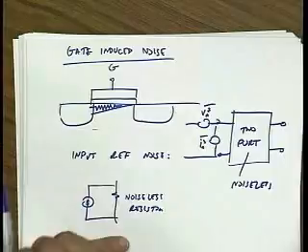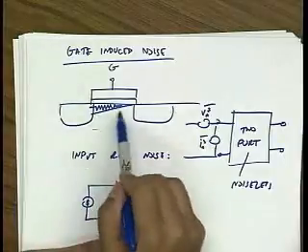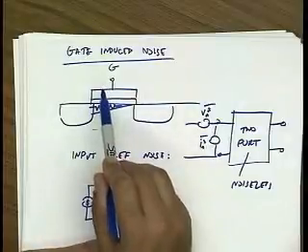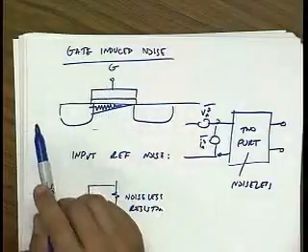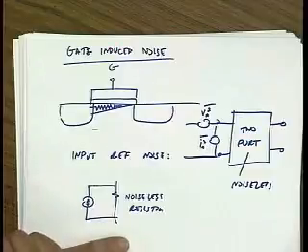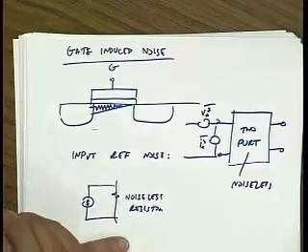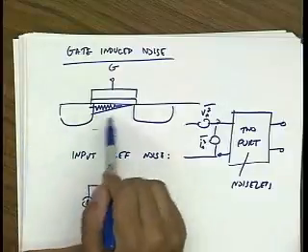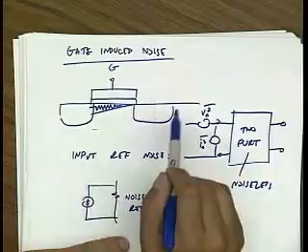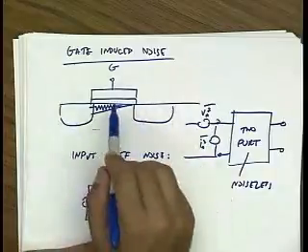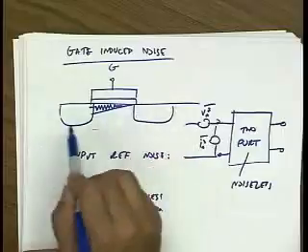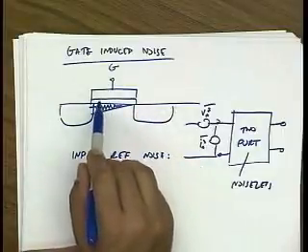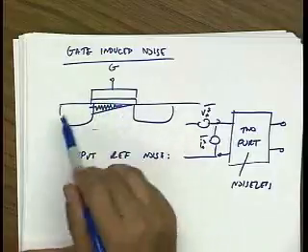Now there's two ways of looking at that. One way is to say, yeah, there's noise in the channel, and some of that leaks into the gate through the capacitance. Okay? The other way to look at that is if I look into the gate of a transistor, I don't see a pure capacitance. We talked about this when we talked about small signal circuits. I in fact see a part of the channel resistance, right? It's a distributed circuit, so it's not easy to analyze, but this looks like a transmission line along the L direction. And so if I look in, there is a real part to the gate resistance, and it's proportional to the channel resistance.